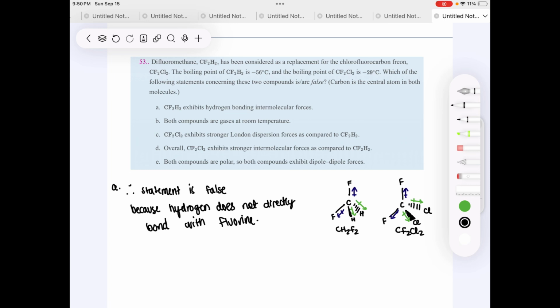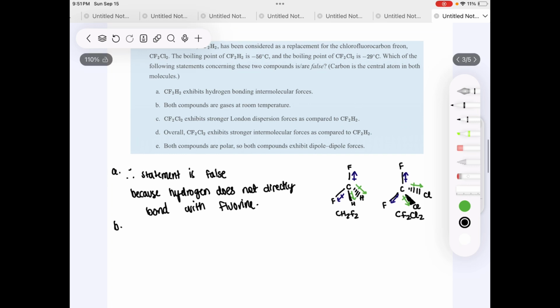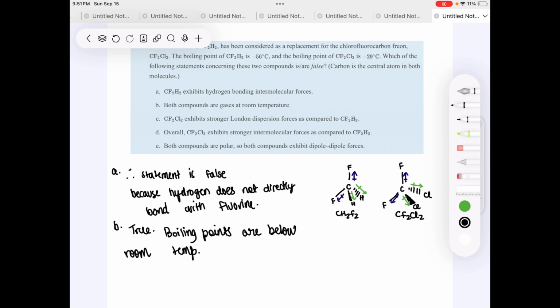Option B. Both compounds are gases at room temperature. This statement is true. The reason is both of the boiling points are below room temperature, that is 20 degrees Celsius.